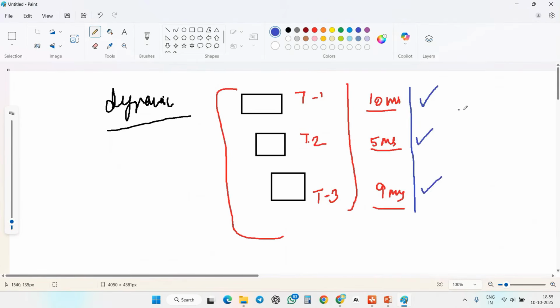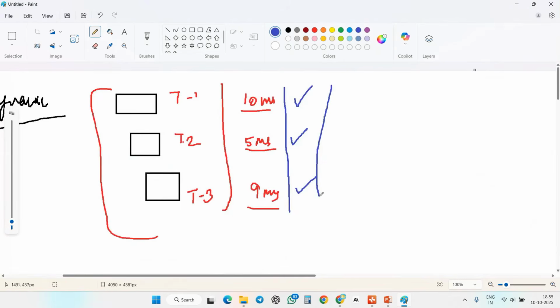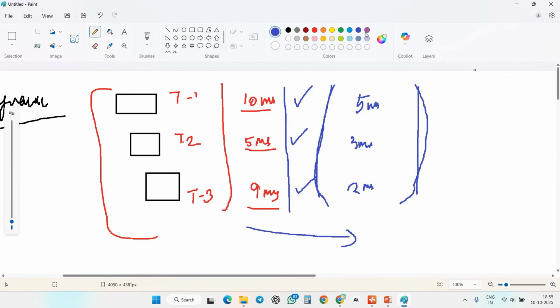But when the work has started, look at the remaining time. When it is doing the tasks, one has only 5 milliseconds remaining, one has 3 milliseconds remaining, and one has only 2 milliseconds remaining. So while the tasks are running, the earliest deadline is checked.